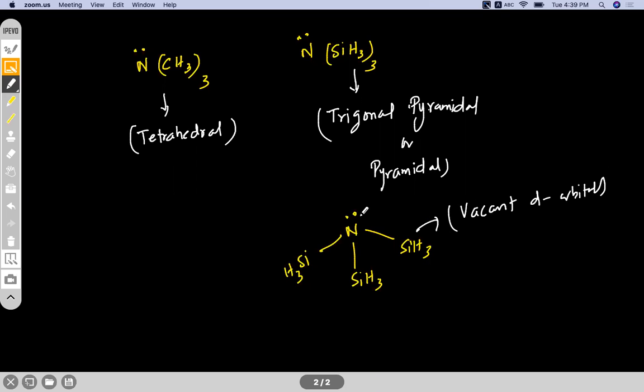Hence, this lone pair can donate into the vacant d orbital, and hence p pi d pi back bonding is possible. But in carbon, there is no vacant d orbital, hence back bonding is not possible, and hence all the three CH3 groups and one lone pair are present tetrahedrally to each other. Hence the geometry is tetrahedral, but here it is pyramidal. Understood this?